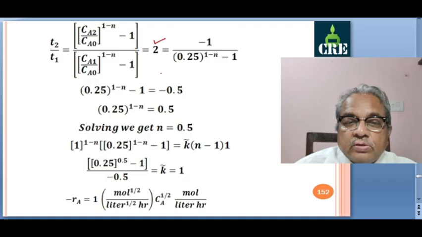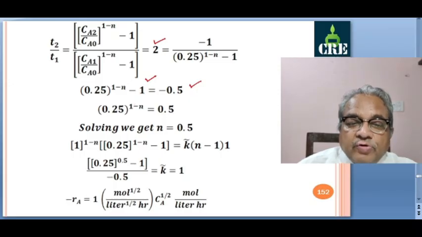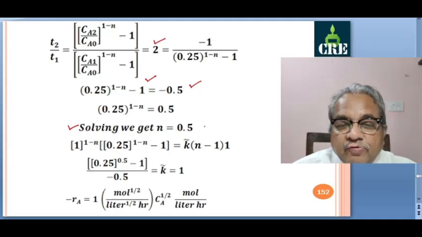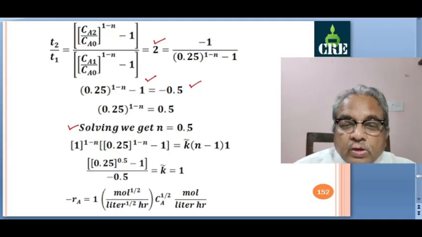So if you transfer this to this side, 0.25 raised to 1 minus n minus 1, and this 2 is transferred to this side, minus 1 by 2 is minus 0.5, or 0.25 raised to 1 minus n is 0.5. So you solve this, and you obtain n is equal to 0.5 or 1 by 2.